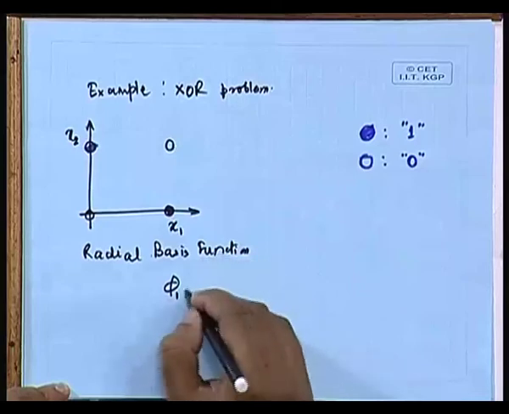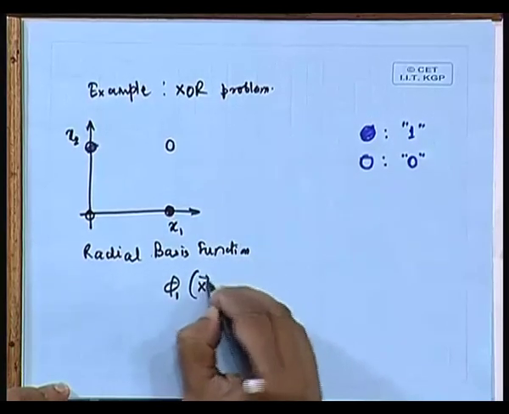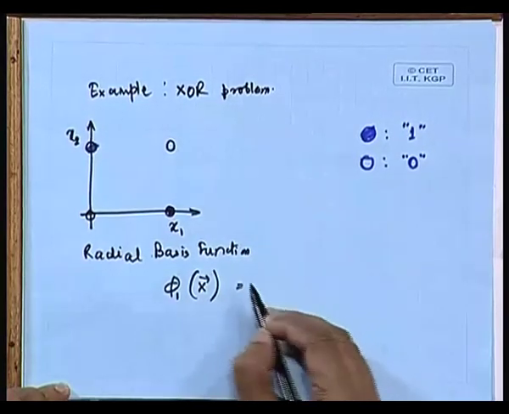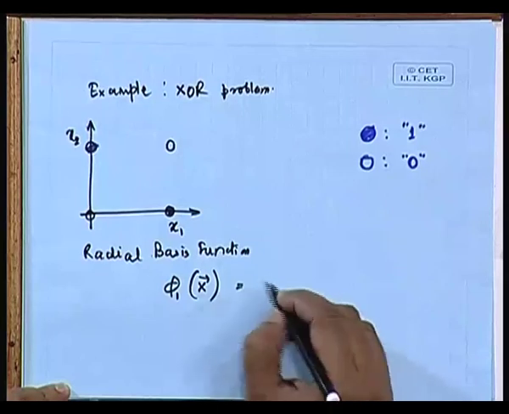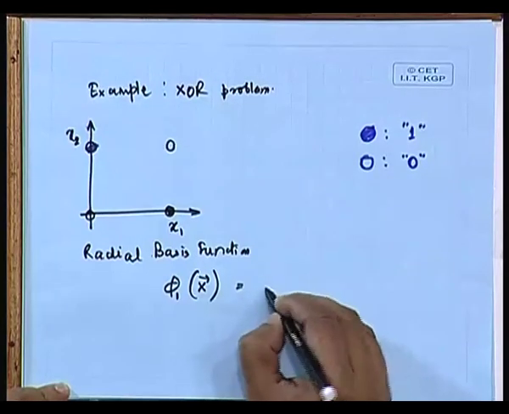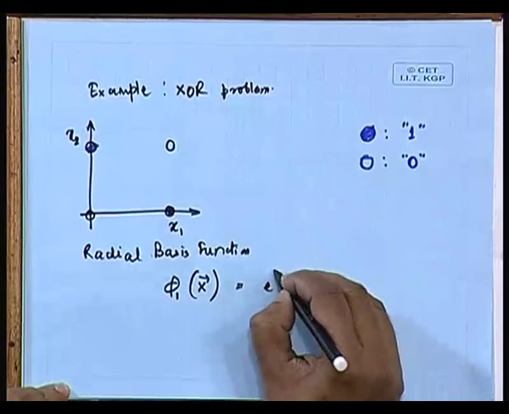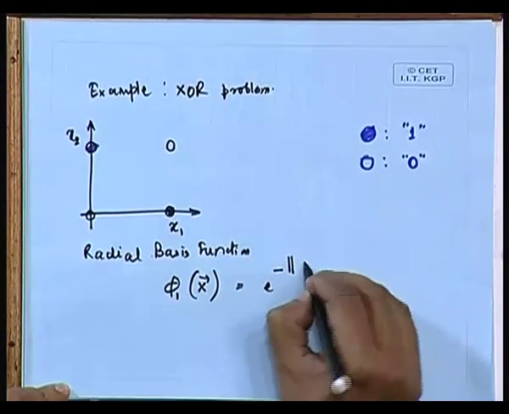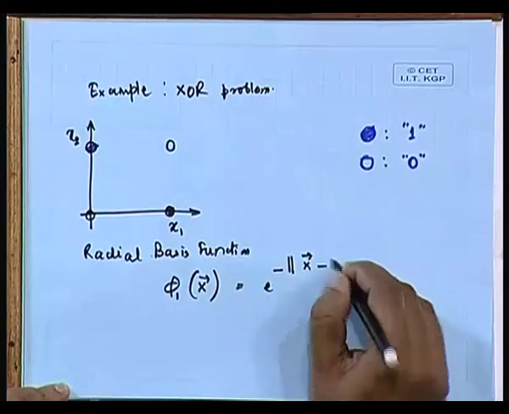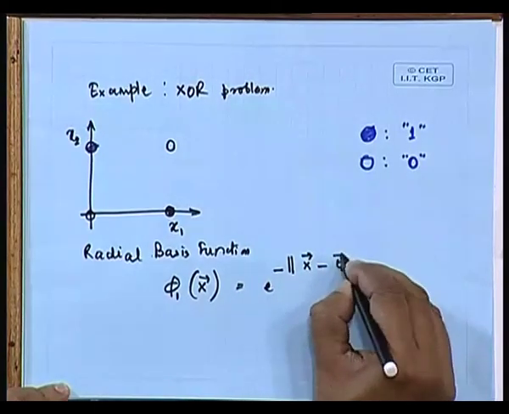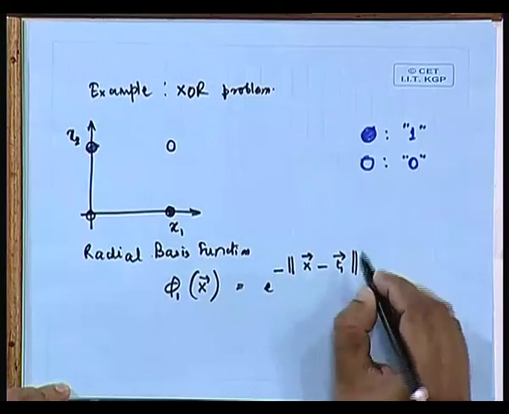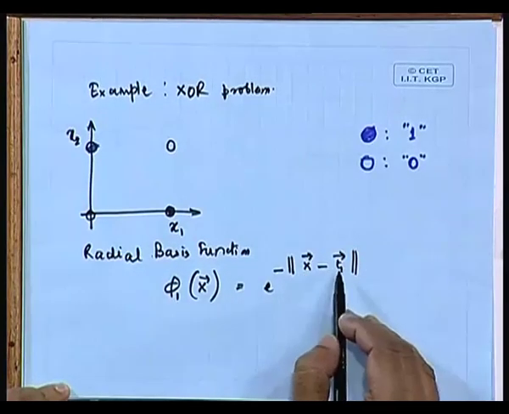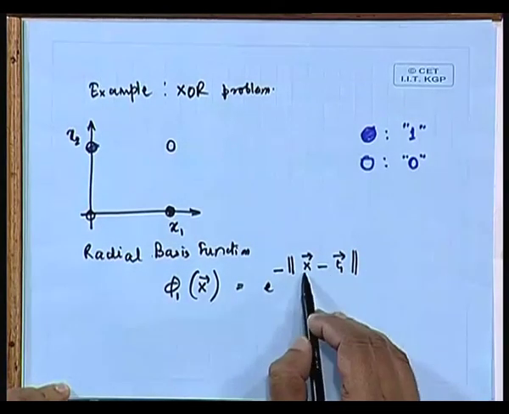One is phi 1, where the definition of this basis function is phi 1 of the x vector is equal to e to the power minus norm of x vector minus another vector, a T1 vector, having of course the same dimension as that of the x vector.